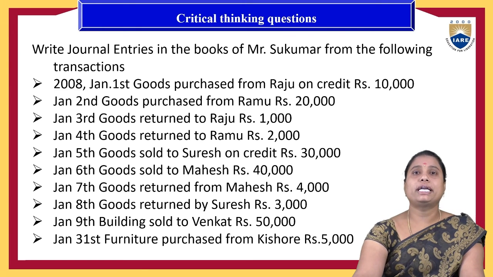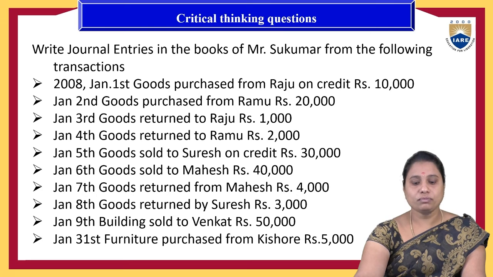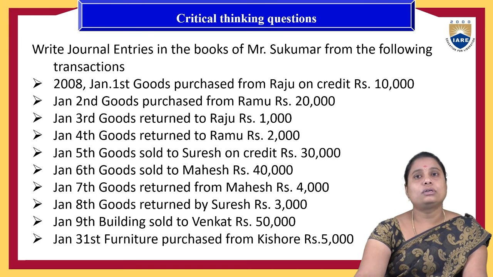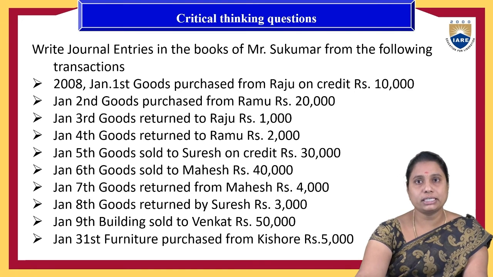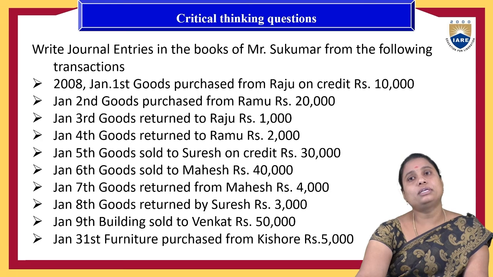So cash account debit to purchases account we need to take, and goods sold to Suresh on credit means Suresh account debit to sales account, and goods sold to Mahesh means cash we need to consider here, cash account debit to sales account, and goods returned from Mahesh means here it is sales account debit to cash account we have to consider.